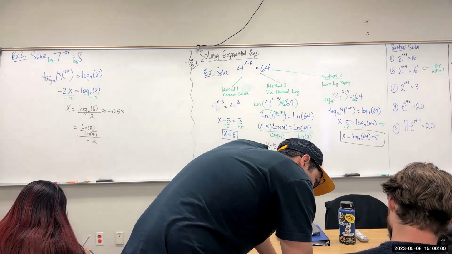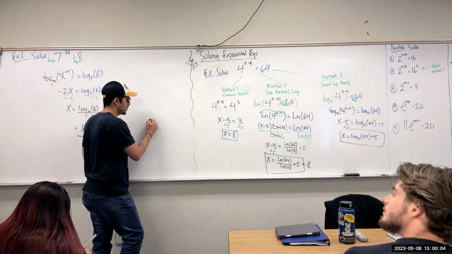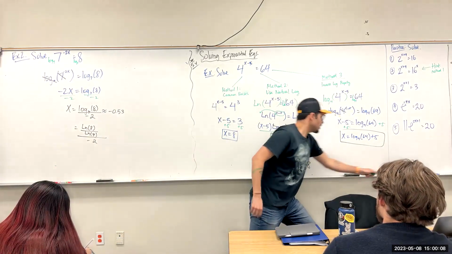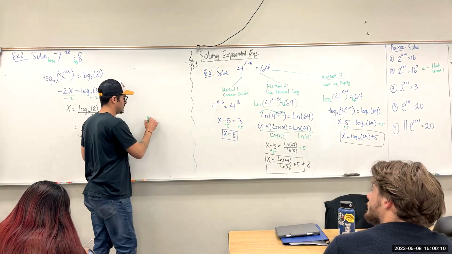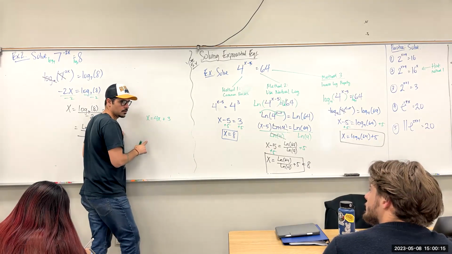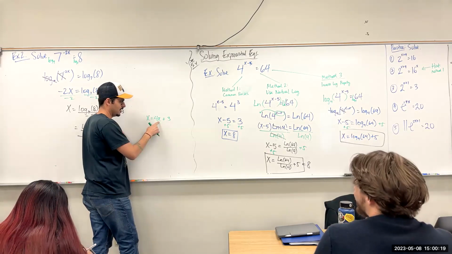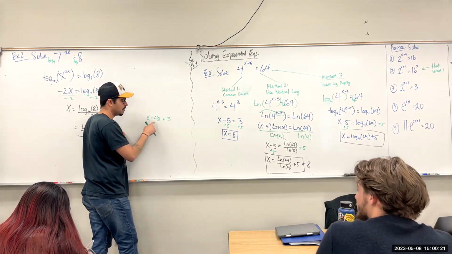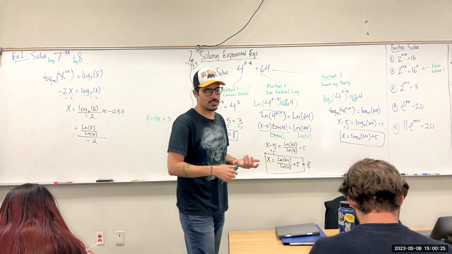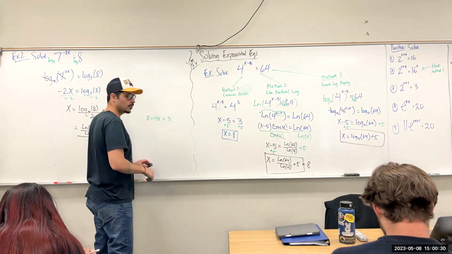So from here, imagine you had this. What do you do? You would have to subtract this guy over here. So the algebra is just nasty. Okay, I got it. It's doable.